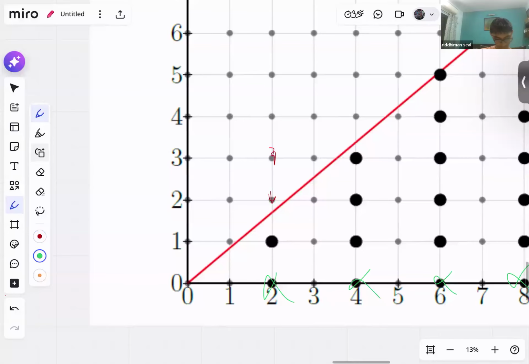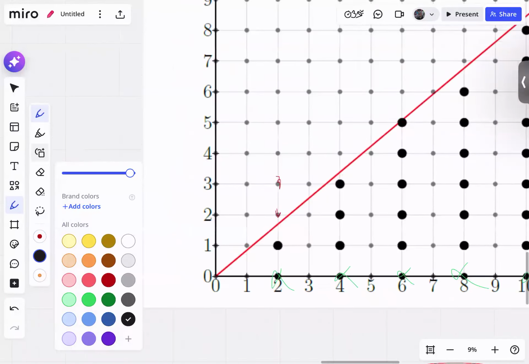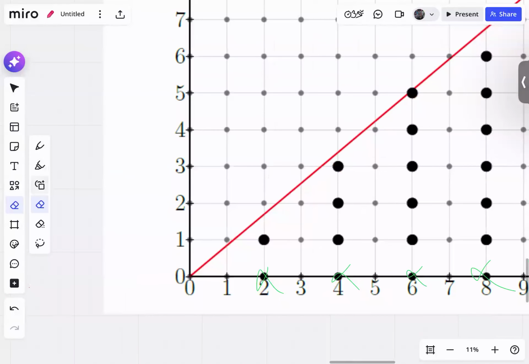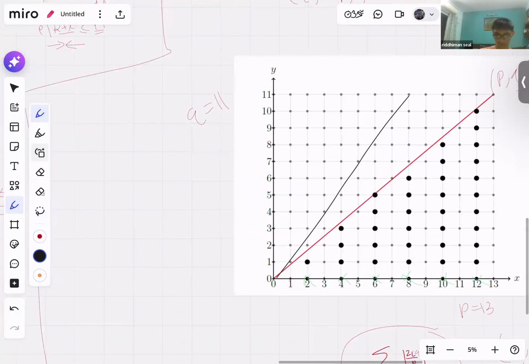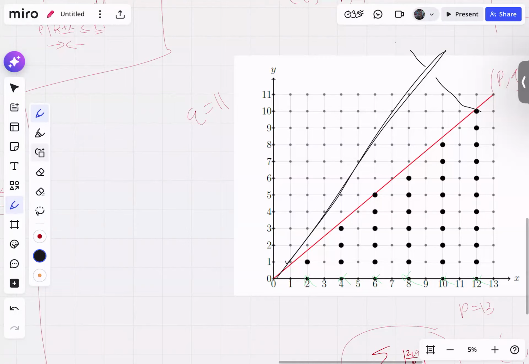Could you rotate that part and then align it? From (P, Q) you could go to (Q, P) and then rotate it or something. Oh, are you saying that this is like x equal to y, and you reflect the entire grid? Yeah, something like that.